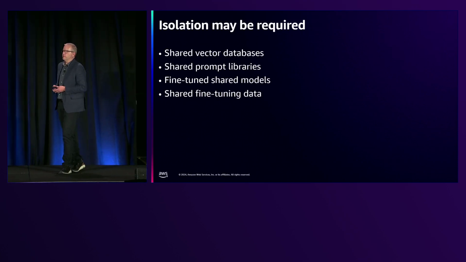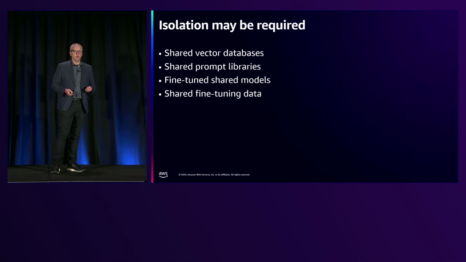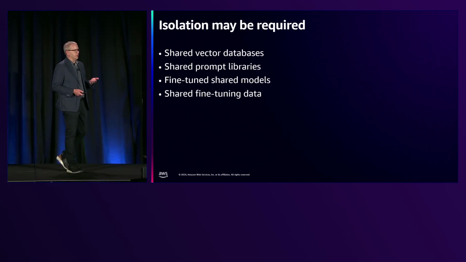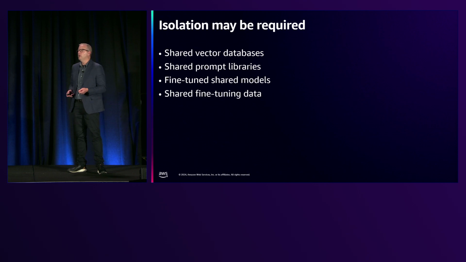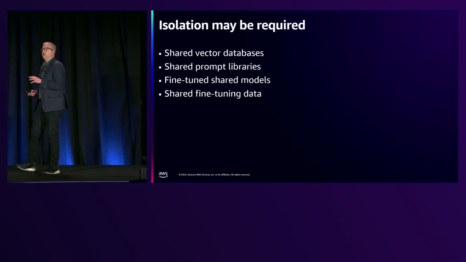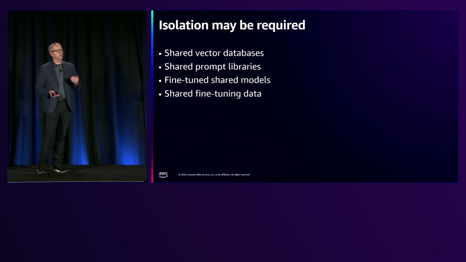Prompt libraries are another interesting one. Increasingly, prompts, which are the instructions you send to the model, are an important resource because they're the first and often the most effective way to tailor a model and make it more effective for a specific thing you're trying to do with it. A lot of times you come up with very carefully crafted prompts, and these can be several paragraphs in length in some use cases.